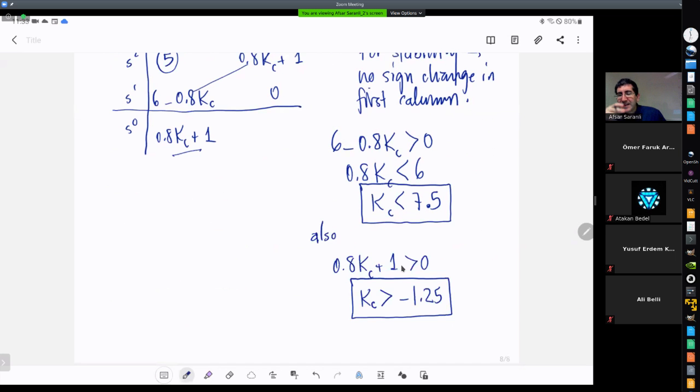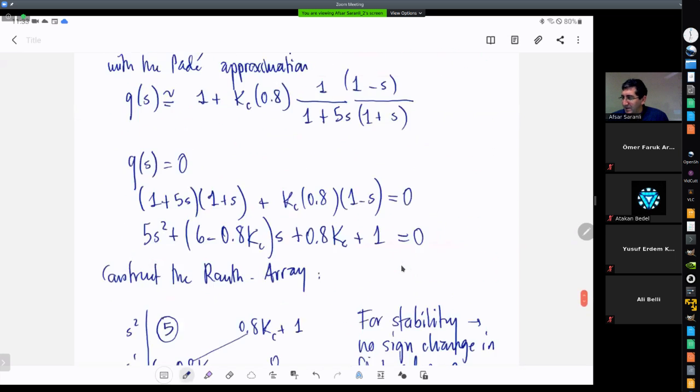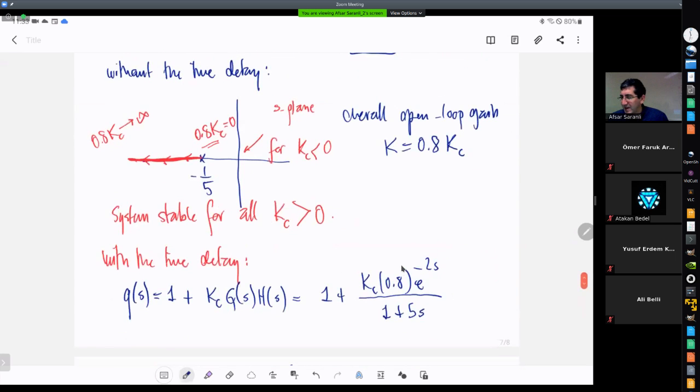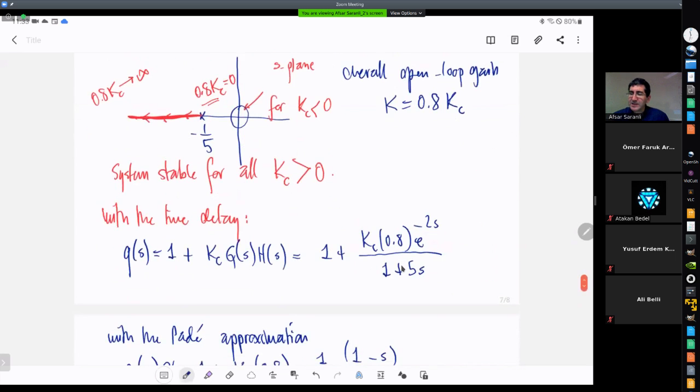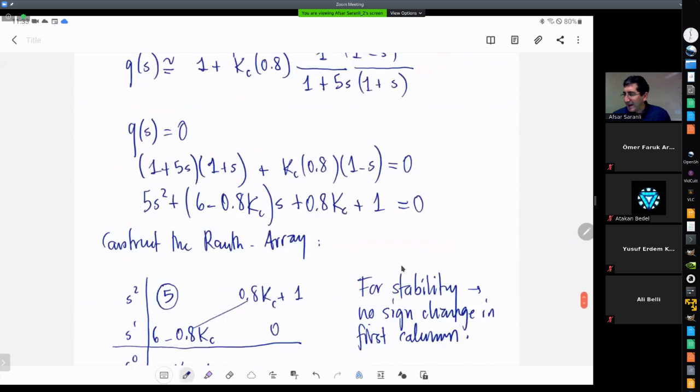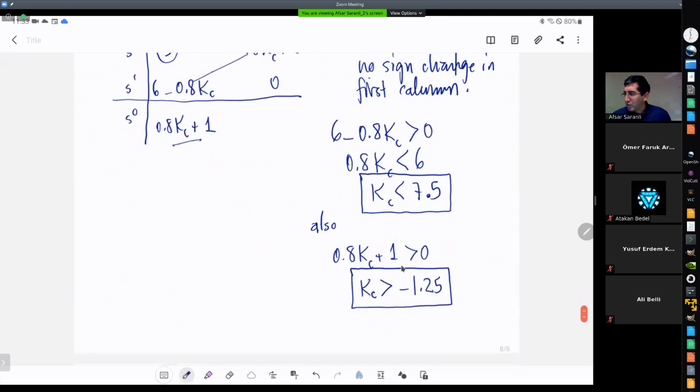Okay. In fact, there is also a negative limit for the case without the time delay as well, right? At some negative Kc, this system will also cross to the unstable side. But at least in the positive range, you have no limits for the positive Kc. But when you introduce the time delay, unfortunately, your gain is limited by 7.5.